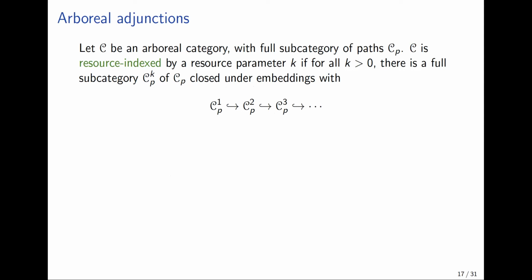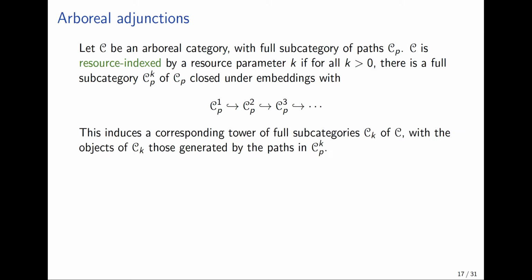Okay, so you're choosing larger and larger classes of paths. And this chain of inclusions induces a corresponding tower of full subcategories C_k of C. Right? The objects of C_k are those which are generated by the paths in C_P^k, so those which are colimits of paths in C_P^k. And by the way, it turns out that these categories C_k are also arboreal categories. That's something that can be proved.